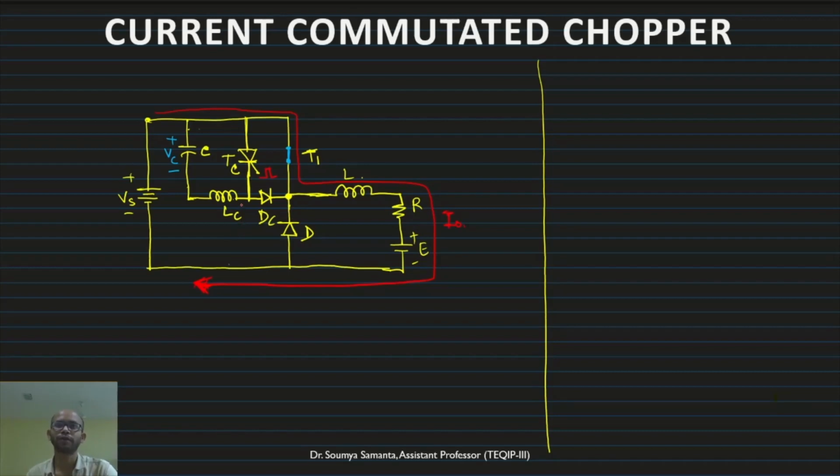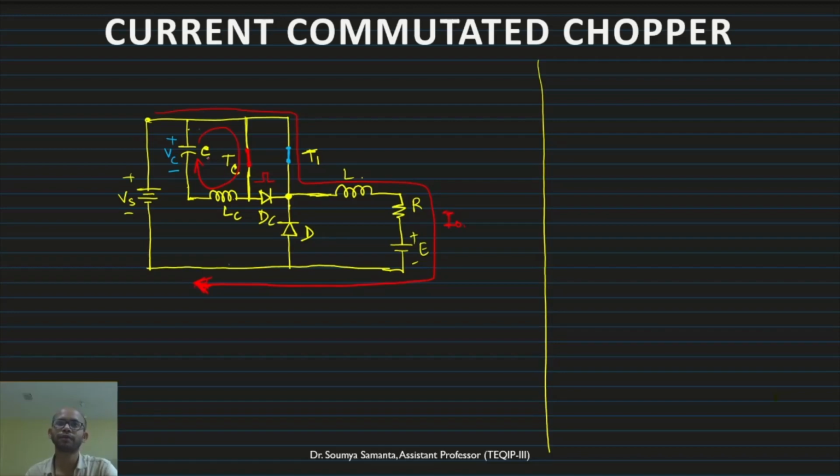The moment we provide a gate pulse here, this is positively charged, this is negatively charged, and there will be a current flow. This thyristor will be turned on, and this will be shorted, and there will be a current flow through this.